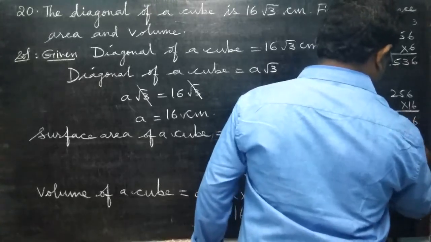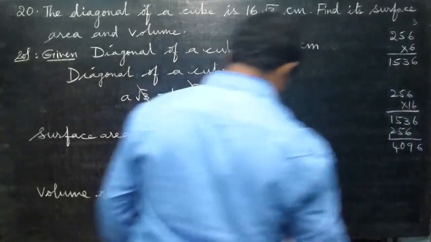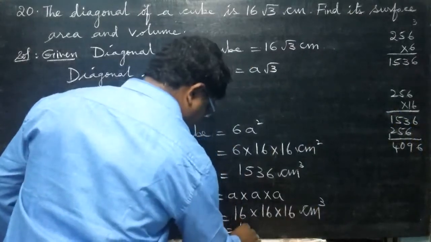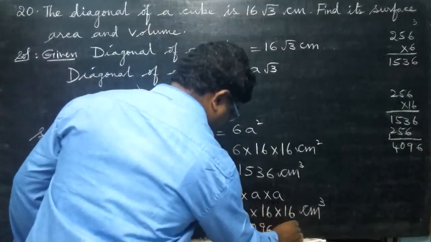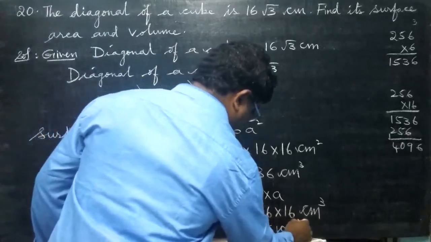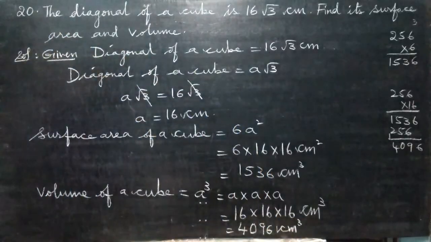Add 6, 9, 10. So how much we got means 4096 centimeter cube. Therefore the volume of the cube is equal to 4096 centimeter cube.